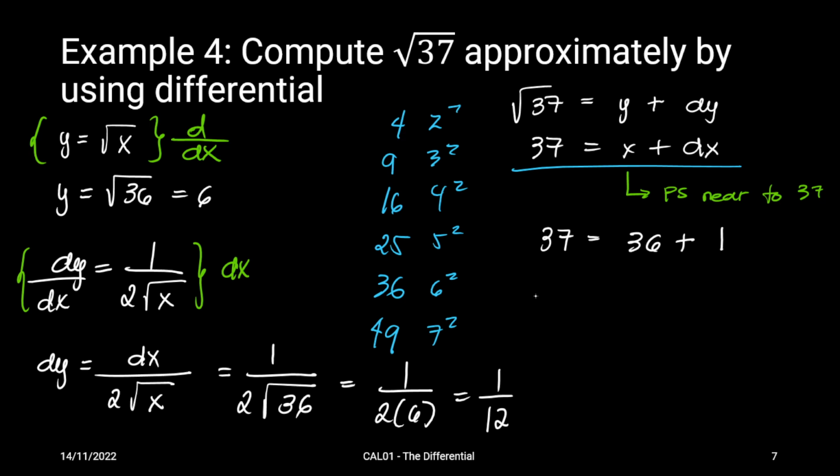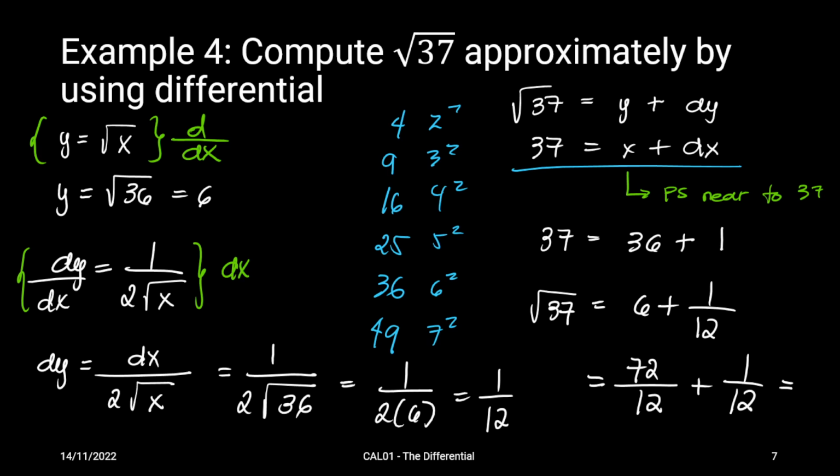So we have square root of 37 is equivalent to 6 plus 1 over 12, which is roughly equivalent to 72 over 12 plus 1 over 12, approximately equal to 73 over 12. Now, this is our answer.